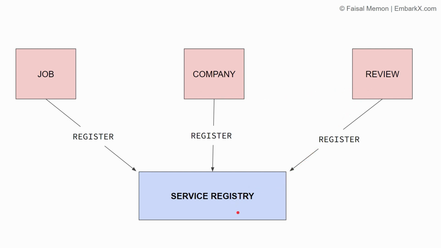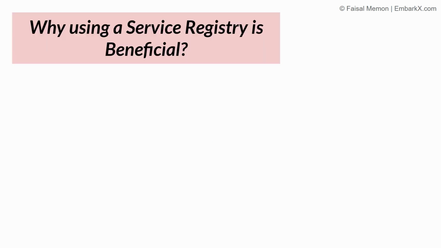Everybody will register, whoever wishes to get discovered in the network. And then whenever a request has to be made to another microservice, the service registry will help with that.